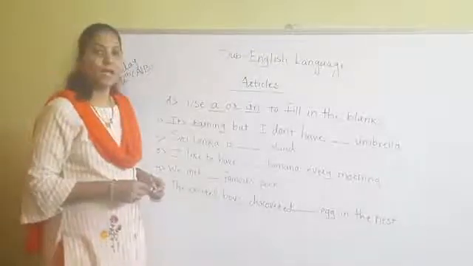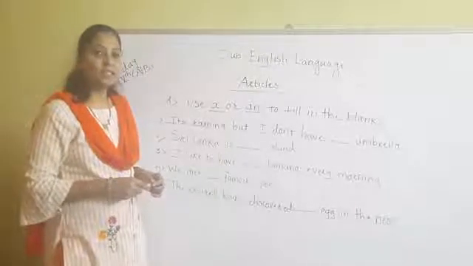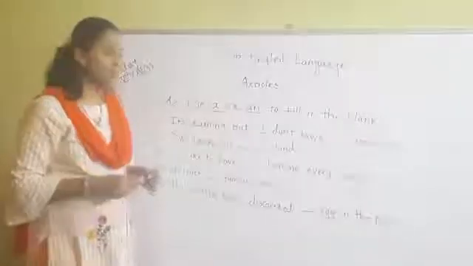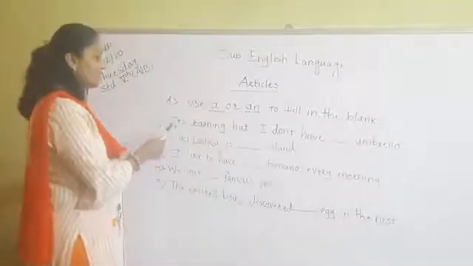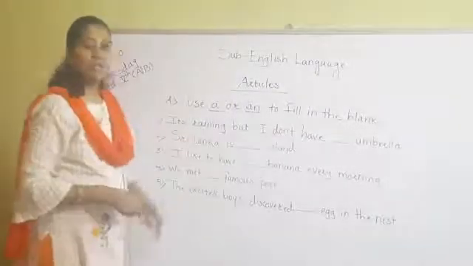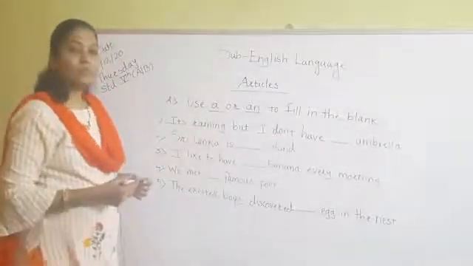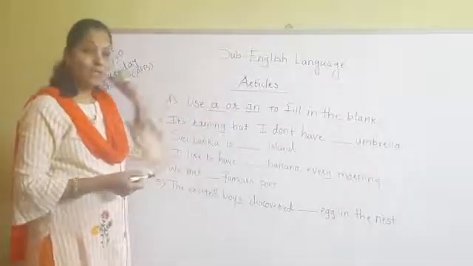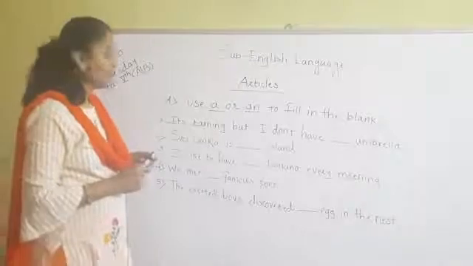And second thing, whether it is a singular countable noun or not. So what do we have to use here? You have to use a or an. So use it carefully.